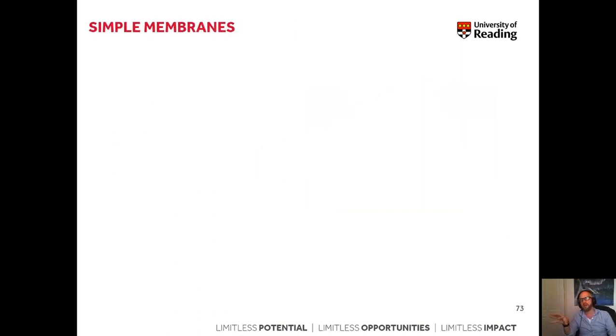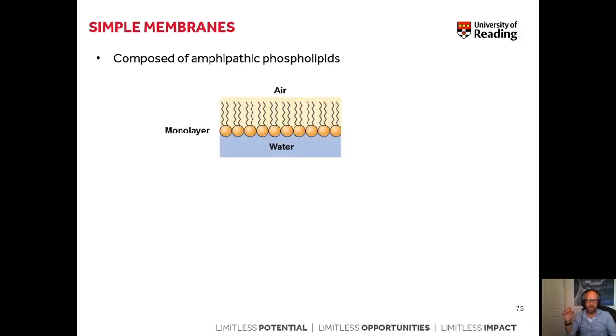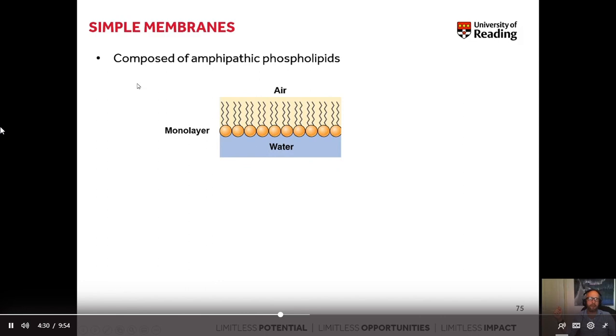So let's start with looking at very simple membranes. All membranes are composed of amphipathic phospholipids. And the simplest form of such a phospholipid membrane is a monolayer. So we have the watery phase on one side, and we have the air phase.